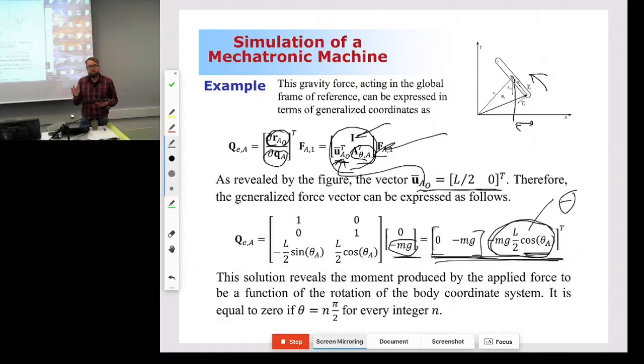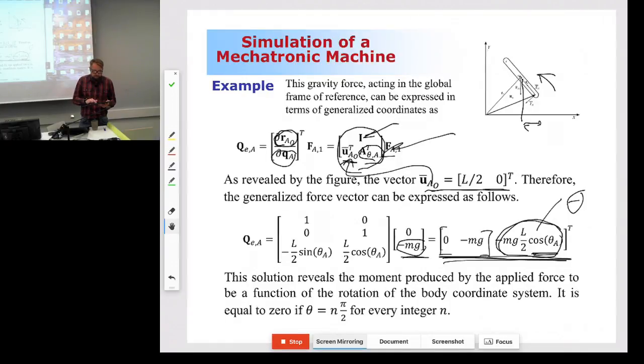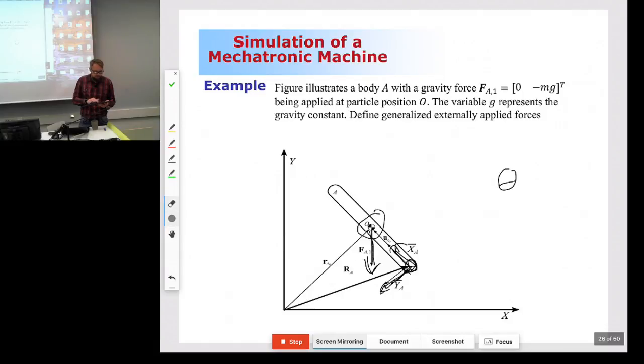Okay, makes sense. How would this be different if I changed the body reference coordinate system so that it is located here at the center of mass? How would that change the game? Remember the final solution.